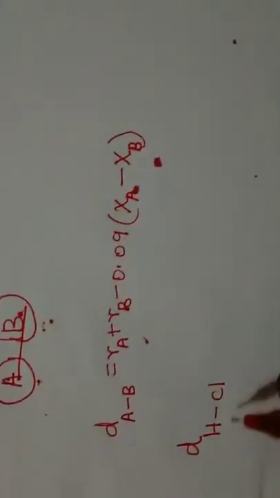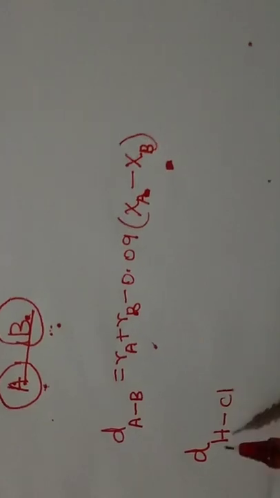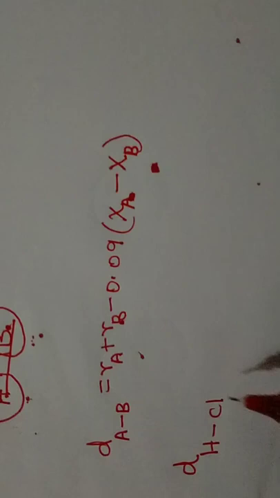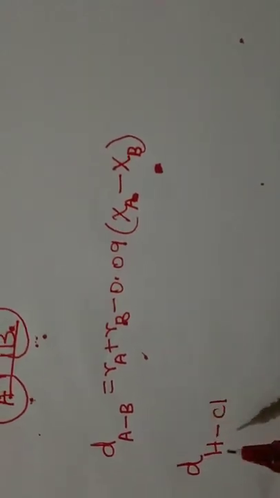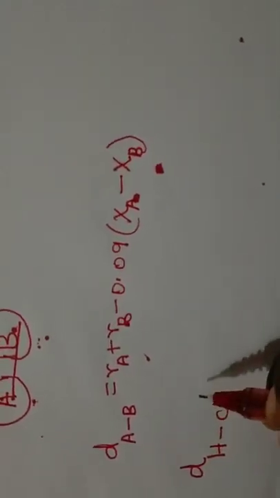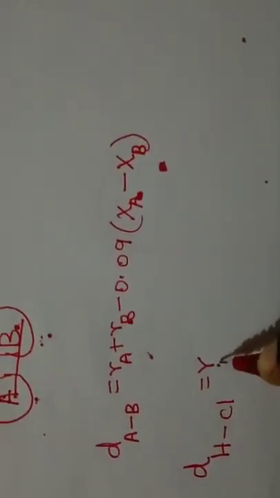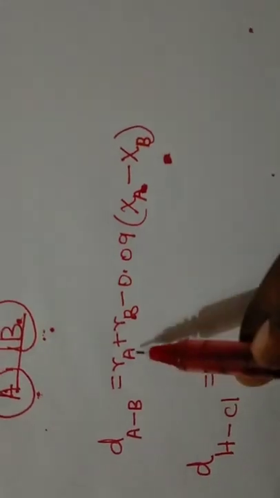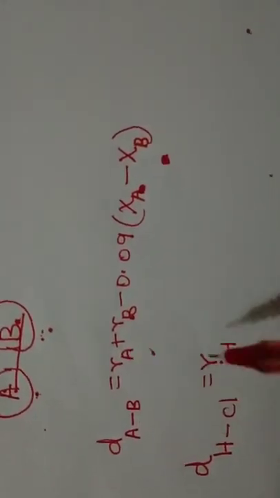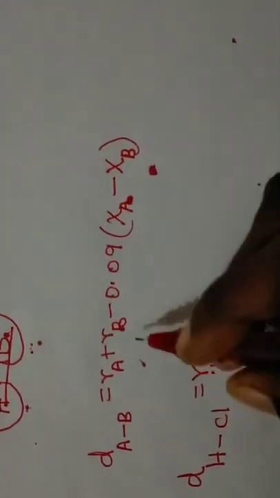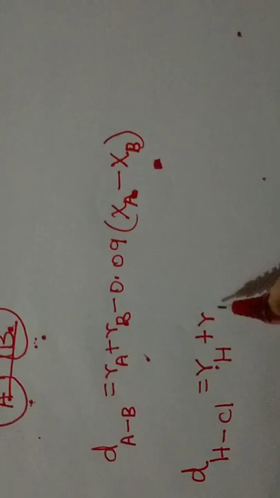For example, the distance between H and Cl. What is HCl? Hydrochloric acid. So the distance between hydrogen and chlorine in the hydrochloric acid molecule. The formula: D_HCl is equal to radius of H, because A is H, plus radius of B. What is B here? Cl.